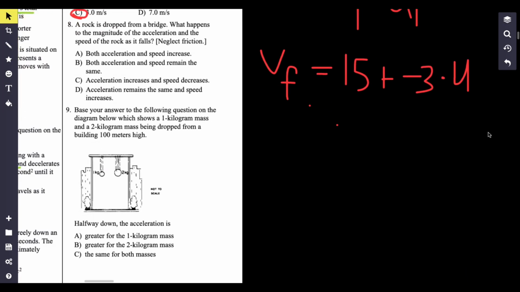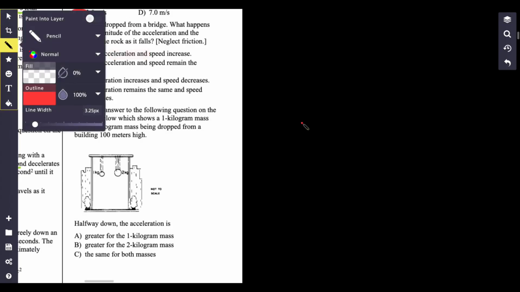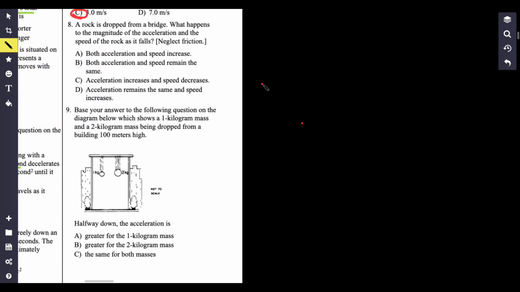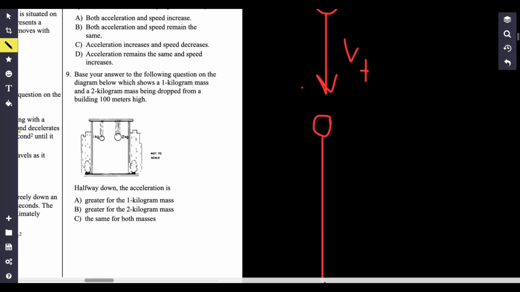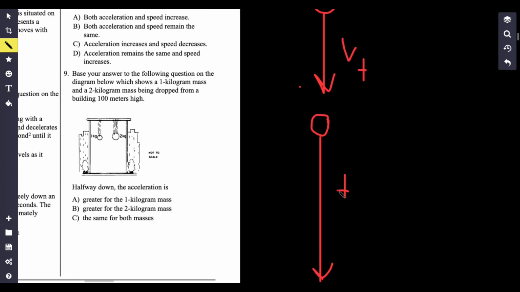A rock is dropped from a bridge. What happens to the magnitude of the acceleration and the speed? Whenever you have an object in free fall, which just means that gravity's taking complete control over that object, your object is going to increase its speed, right? Let's say this is the velocity at some specific time, v of t, and this is the object's velocity at v of t plus 1.